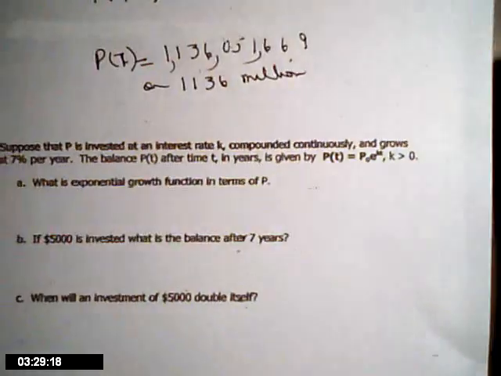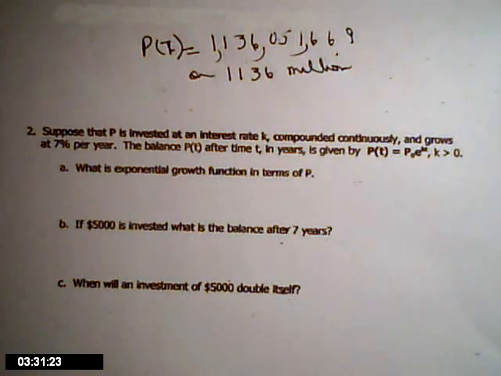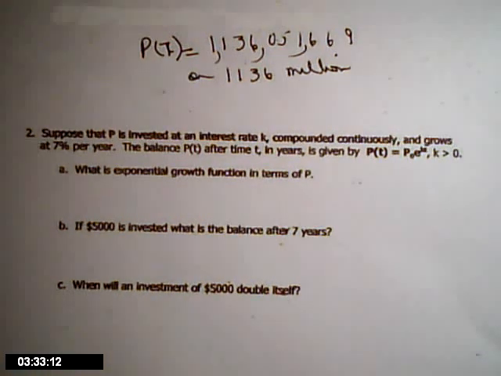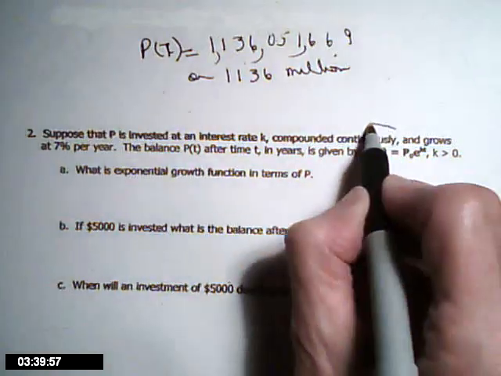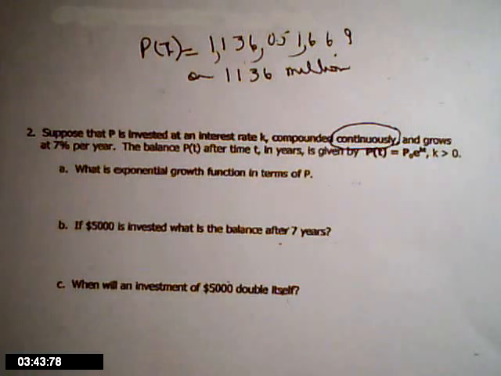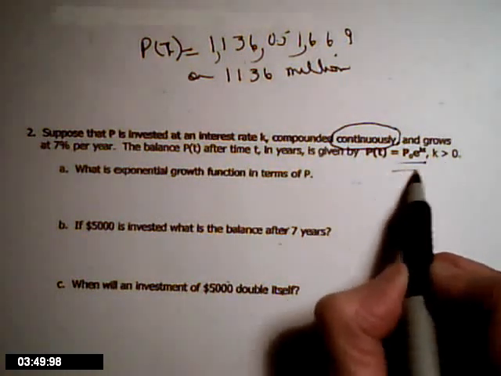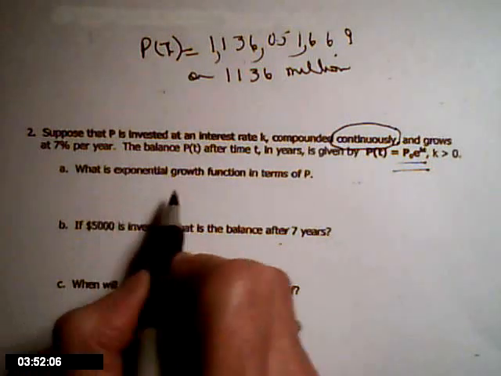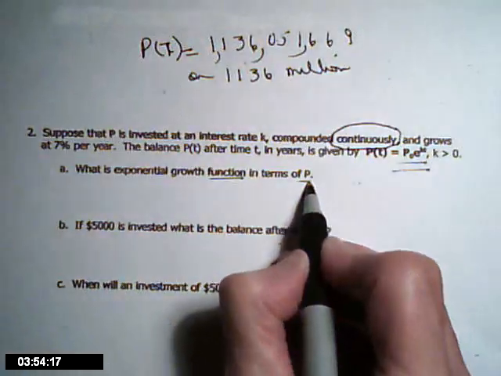Now one that you will probably use more for our purposes is a money problem. Suppose that P is invested at an interest rate k compounded continuously. There's your clue to use this formula, and it grows at 7% per year. The balance P of t after time t in years is given by my same formula we had above. What is the growth function in terms of P?